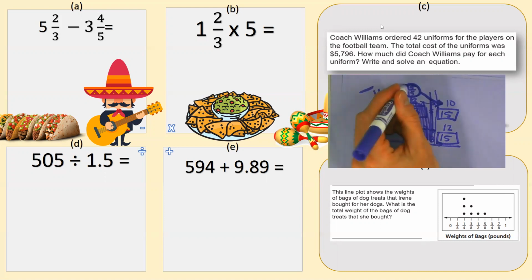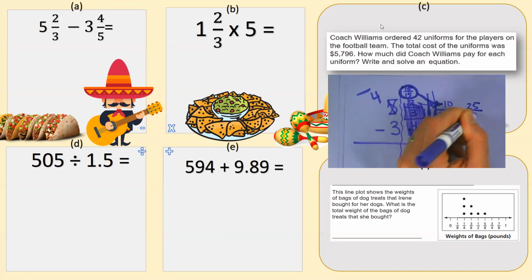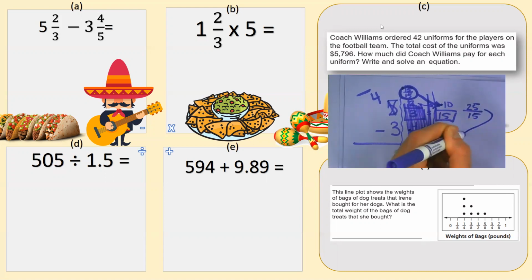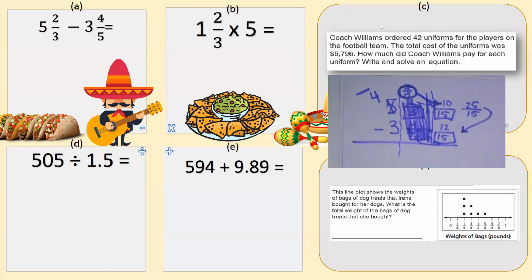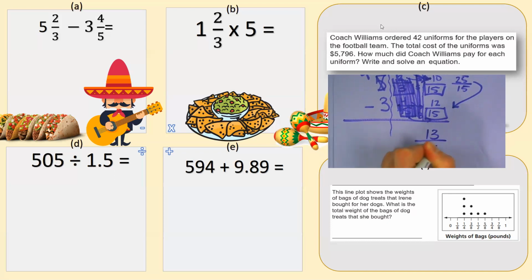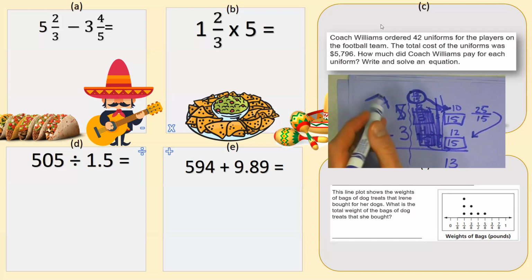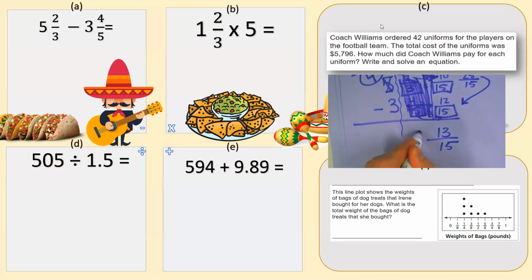So I have 15 and 10, I have 25/15ths. Yes, it's improper, but that won't last for long because I'm taking 12 away from it. 25 minus 12 is 13. So 13/15ths is left. And then I go to my wholes and I say 4 minus 3 is 1.